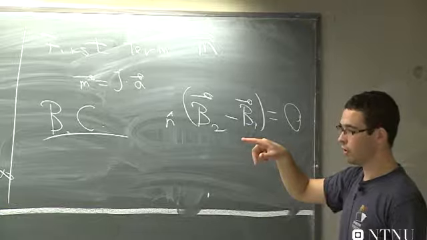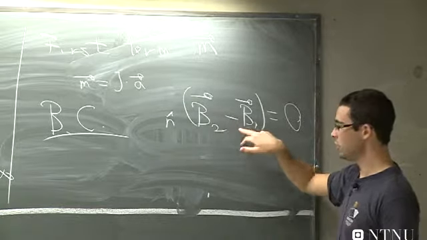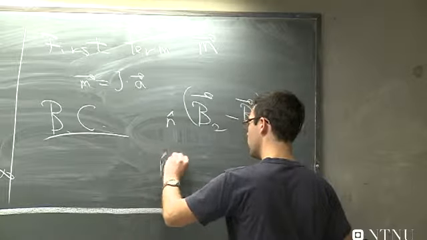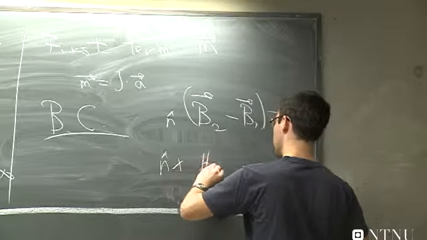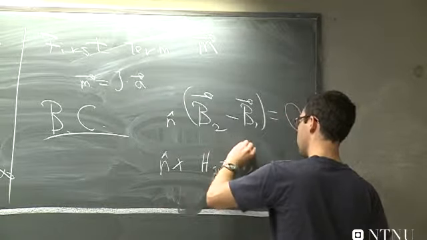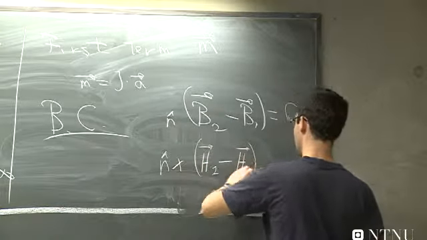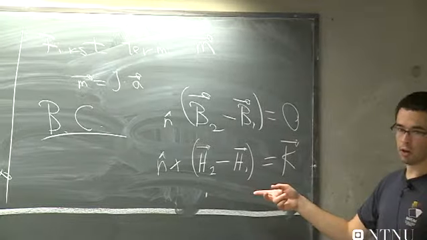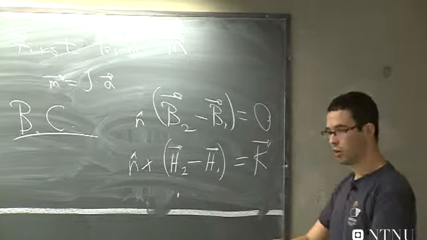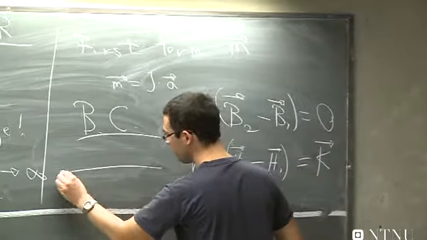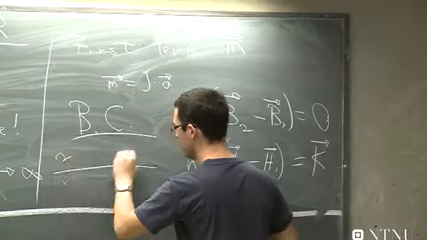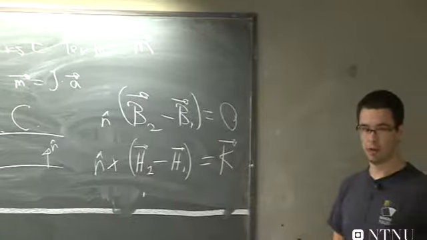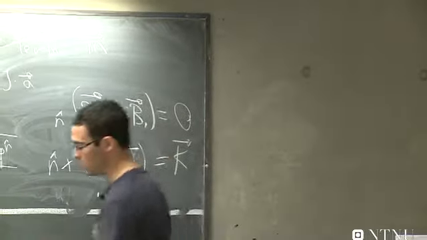So for an electric field, there is charge, and this is not continuous. There's a jump in the parallel component of H, because at the interface, if there's a current running, there's a discontinuity in the H field because of the Ampere law, essentially.